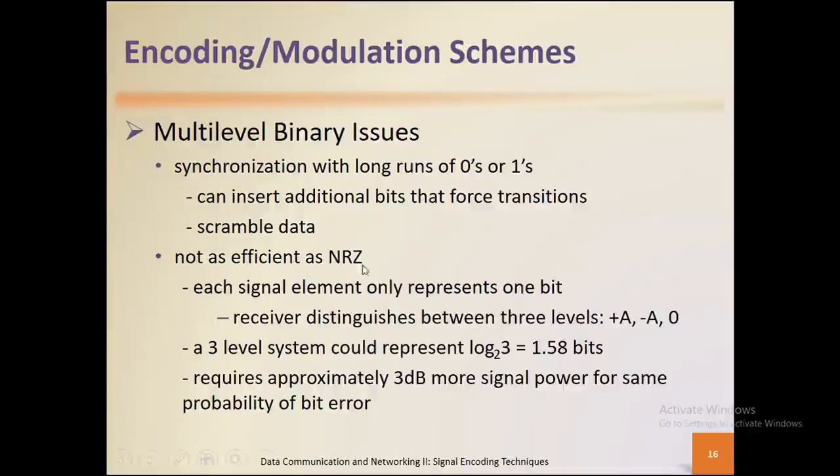A 3-level system could usually be represented with a log base 3, which is 1.58 bits. So the 0.58 is usually what's identified as an inefficiency within a given signal transmission.